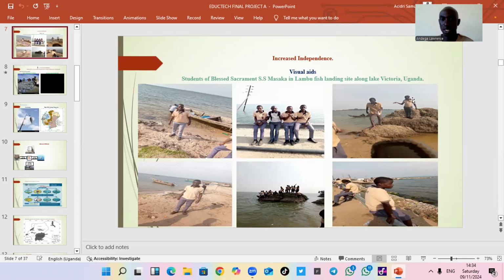Here, this one is explaining what those people are doing in the fishing, because that is a boat with people in it, they are fishing. He's trying to explain to the learners, while others are discovering.